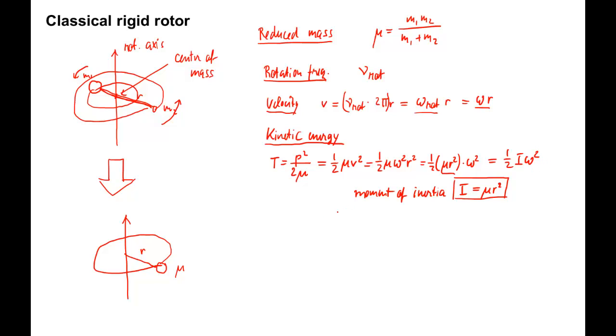We can also define the angular momentum, uppercase L, which is equal to mu times the velocity times r, which is equal to mu times r squared omega, which can be written as I times omega.